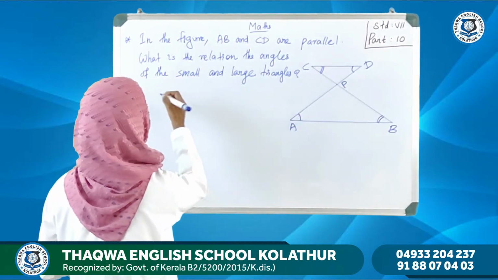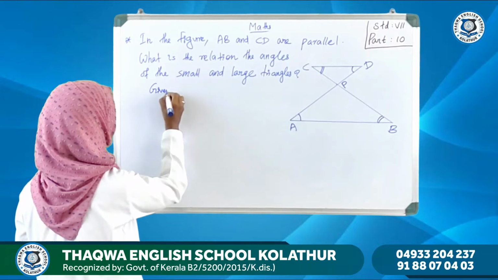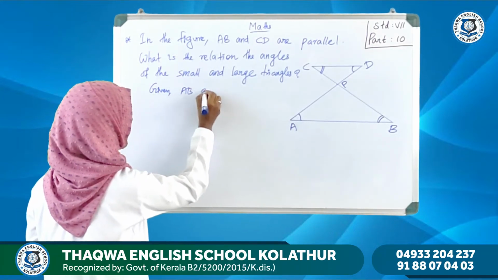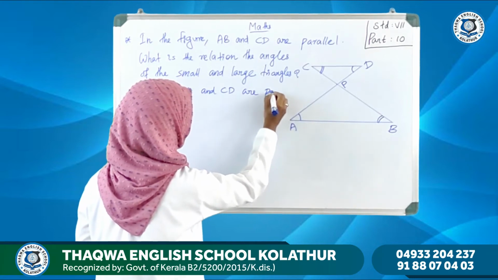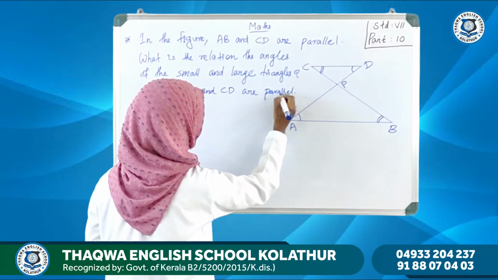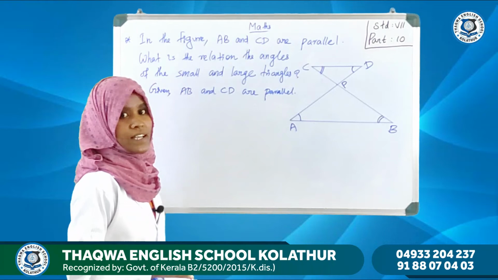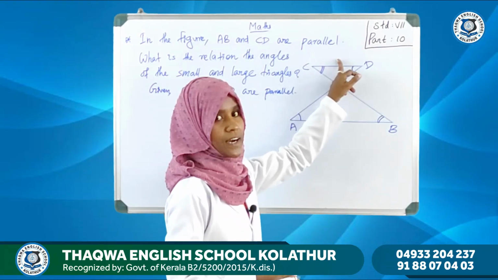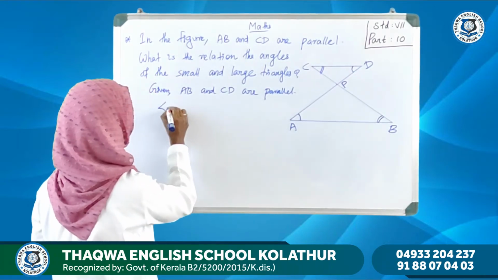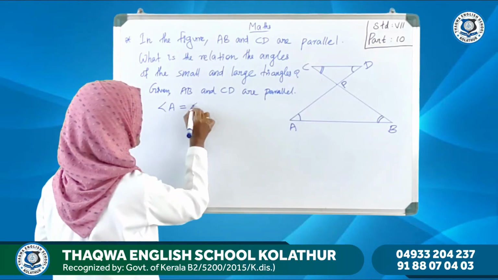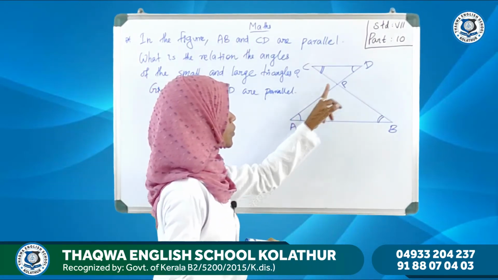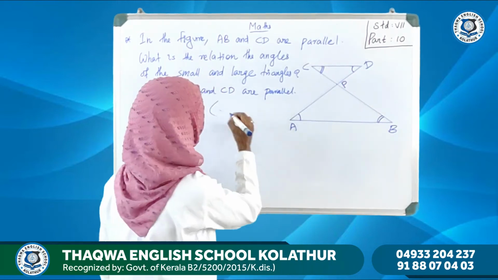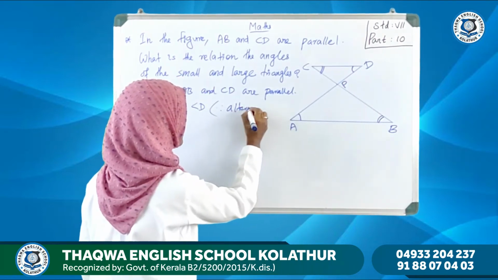Okay. So first given condition, AB and CD are parallel. Angle A equals angle D. These are alternate angles.